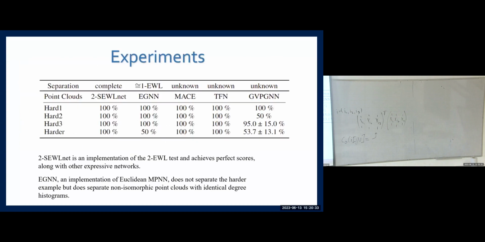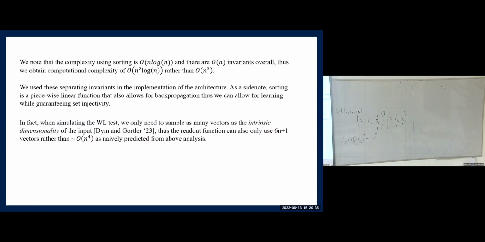But we applied this in our setting for the readout function. When we have the k-WL test, we have the readout function. You have to iterate over all n^3 colorings, right? So naively, you need a vector of size n^3 to the power of 3.